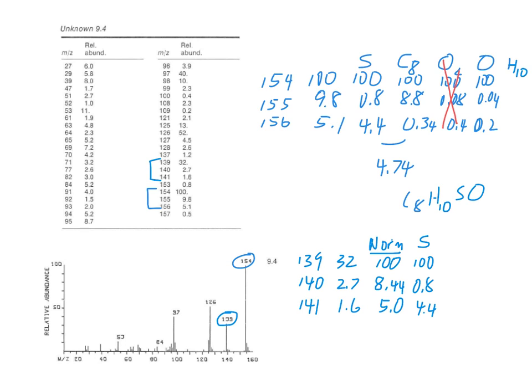So we subtract 8.44 minus 0.8, so we get 7.64. So there can only be 7 carbons now. Look on the table, oh, I didn't write all those out.